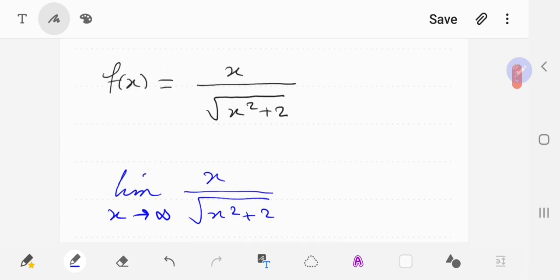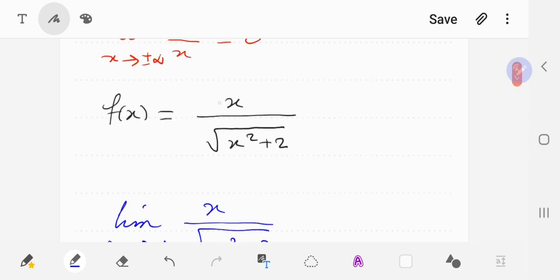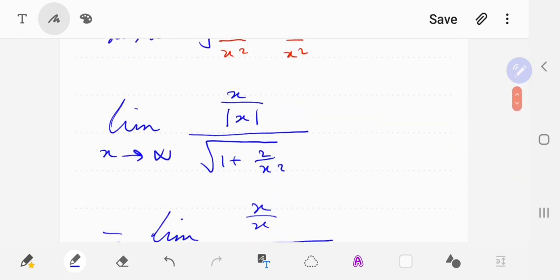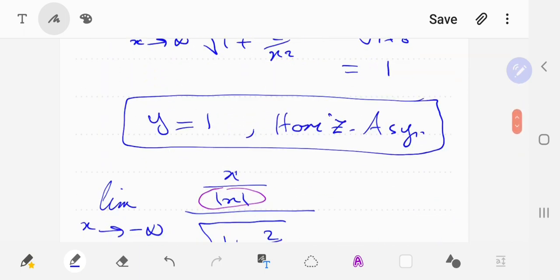Actually, no. If you look at the function, the coefficient here is 1, the coefficient here is 1, but we need to take care that I'm talking about square root of x squared. And because of the absolute value, I'm going to use square root of 1 and negative square root of 1. So we'll get 1 over 1 and 1 over negative 1, negative 1 over 1. That's why we'll have two horizontal asymptotes here.